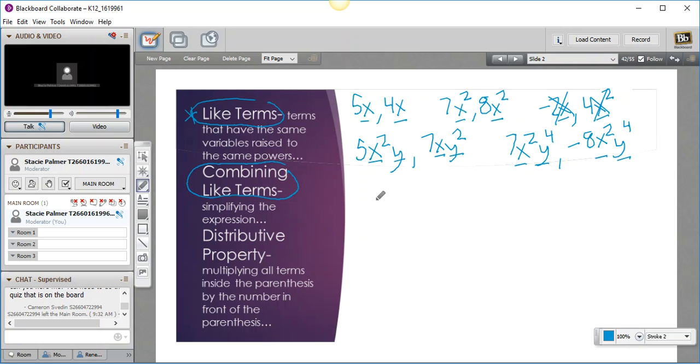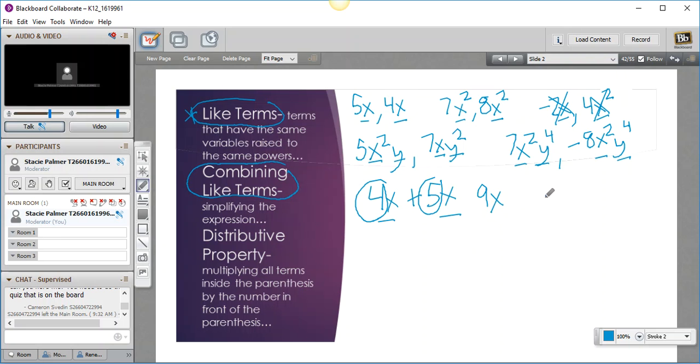Okay, so the way that you combine like terms is, let's say you have a 4x plus 5x, and I ask you to simplify this expression. Okay, we know that these two terms are like terms because they both have an x. In order to combine them, all we do is combine the coefficients, and then the variables stay the same. So 4x plus 5x would be 9x.